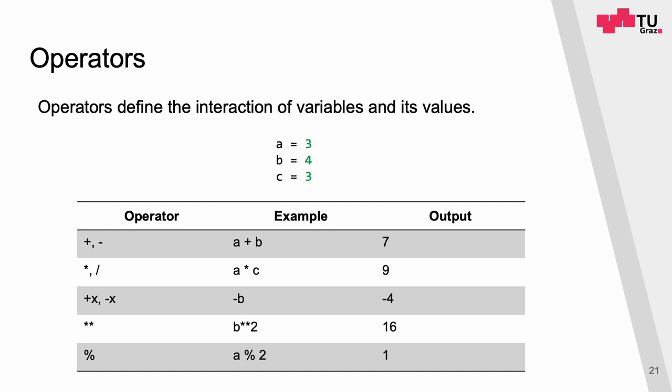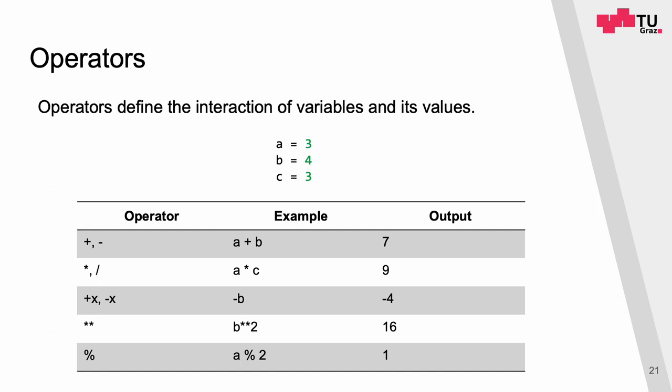We can also, for example, change the sign of a variable by adding a plus or a minus in front of it. For example, if we type -b, then Python will output, in this case, -4, since b holds the value 4. And in the fourth row, you see 2 asterisks, and this is equal to calculating the exponent.